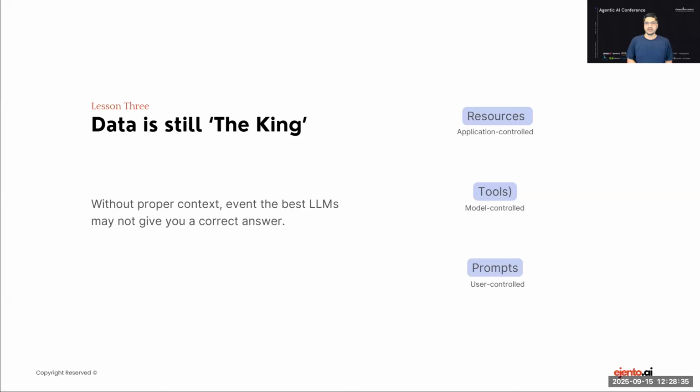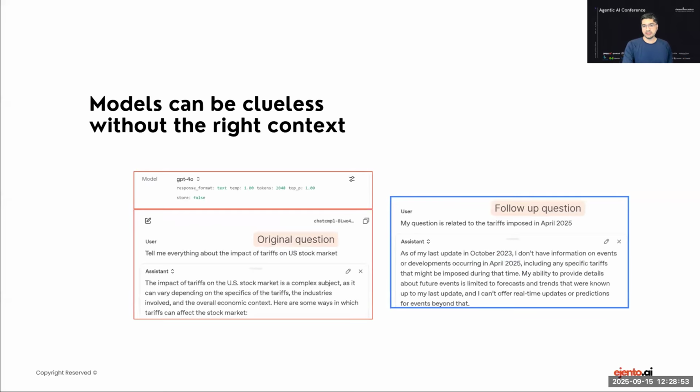So Claude and Llama and OpenAI, GPT-4, GPT-5, they are going to take care of everything. But the truth of the matter is, the data is still the king. You have to provide context. You have to provide the right prompts. You have to provide information in the manner it can be ingested, right?